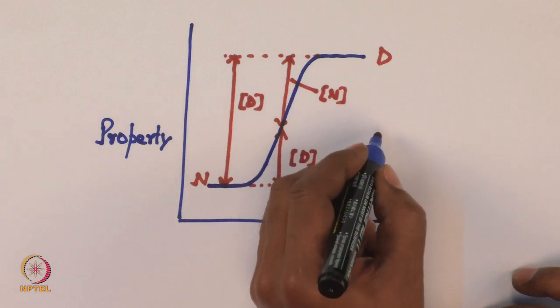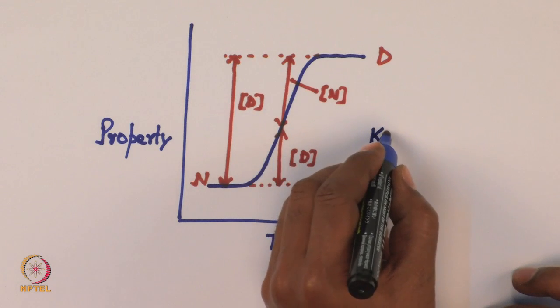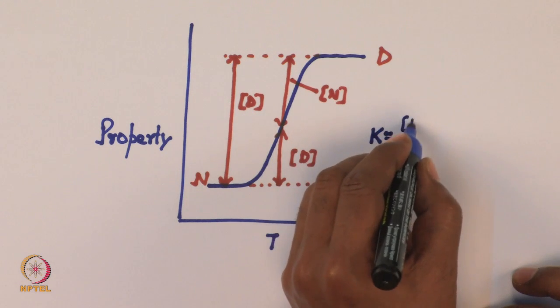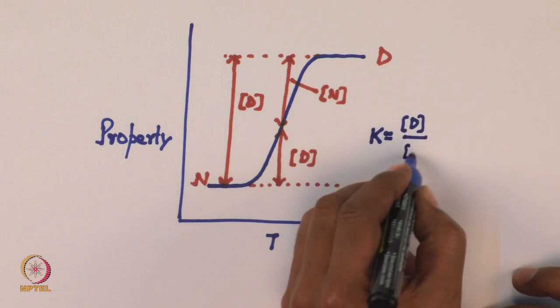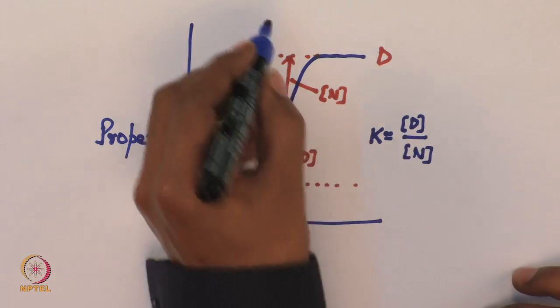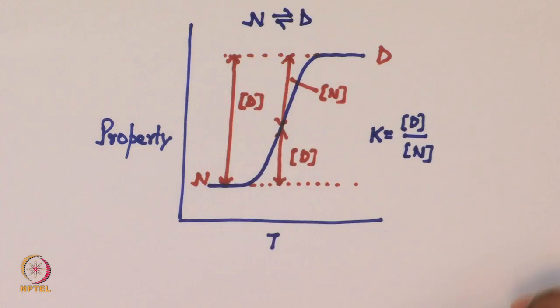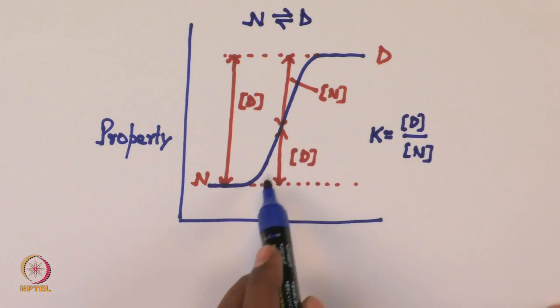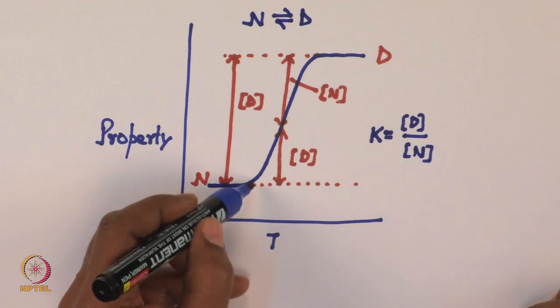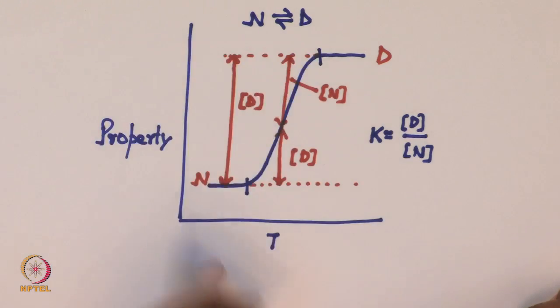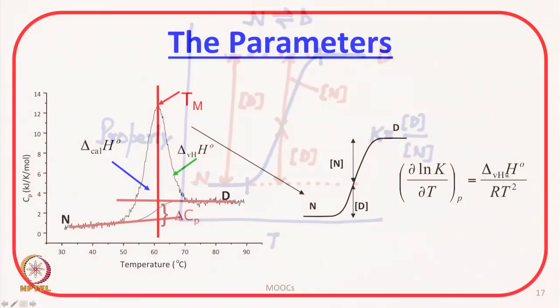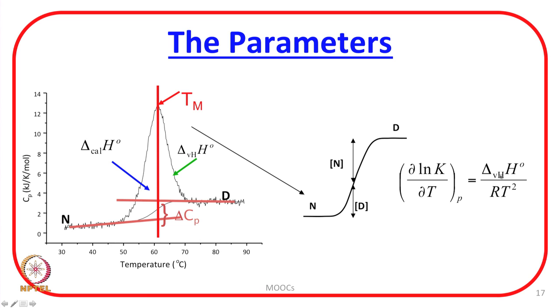If I know D, if I know N, then I can write K is equal to the concentration of D over the concentration of N. Remember, we are talking about N going to D. And this K can be obtained at any temperature between this limit and this limit. We can get the temperature dependence of K. Let us go to the slide, and if I have the temperature dependence of K, I can get Van 't Hoff enthalpy.